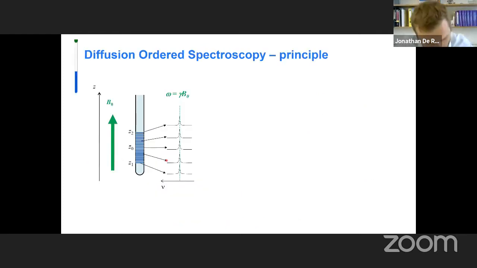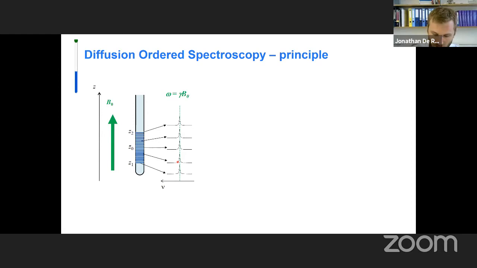So that was 1D, right? There's a lot to say about 1D NMR, and a lot of information to extract there. But now we go to a bit more complex NMR techniques. First one is DOSY. In NMR, you apply a high magnetic field to your sample, and that magnetic field is very homogeneous over your NMR tube. That means it doesn't matter where the molecule is, they all have exactly the same frequency in the NMR spectrum.